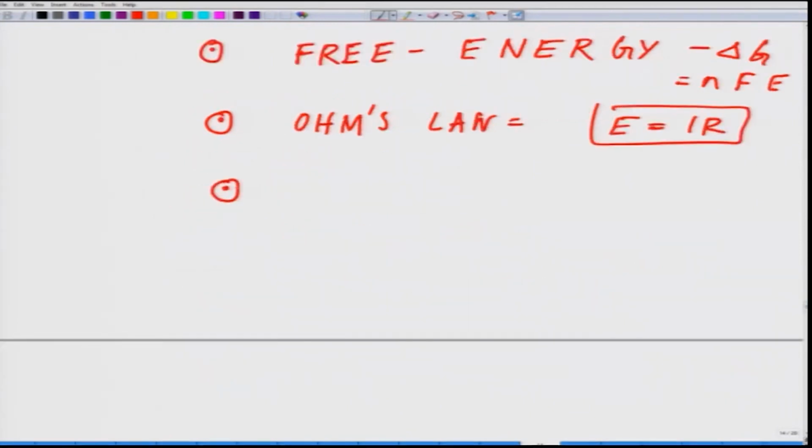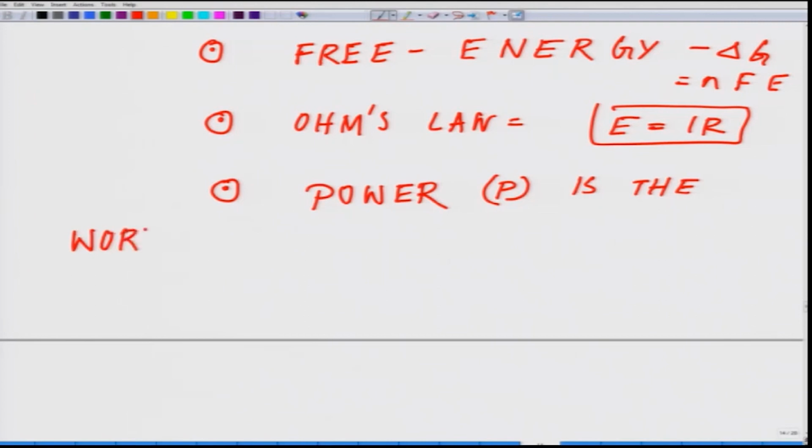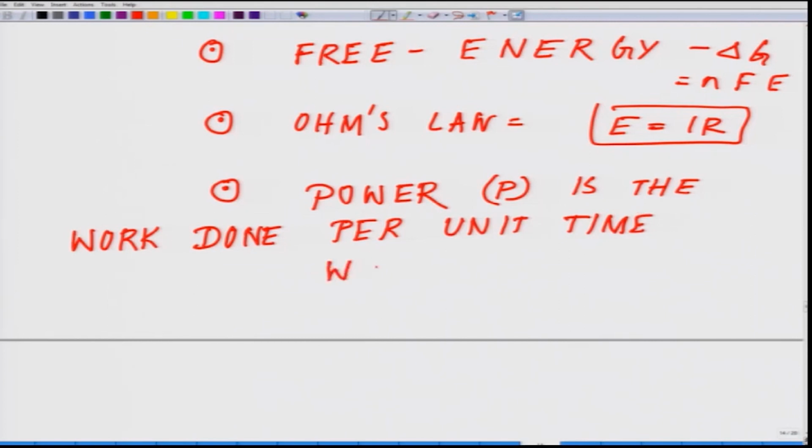And now we will talk about another relation, which is power. What is power? Power, represented by P, is the work done per unit time. In other words, W, which is the work done, and seconds, which is per unit time, is representing power.